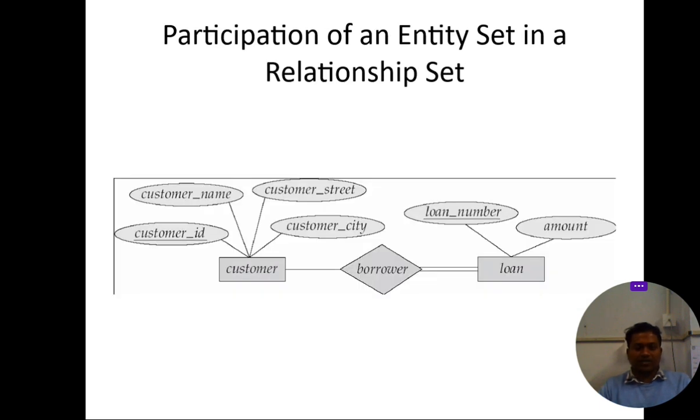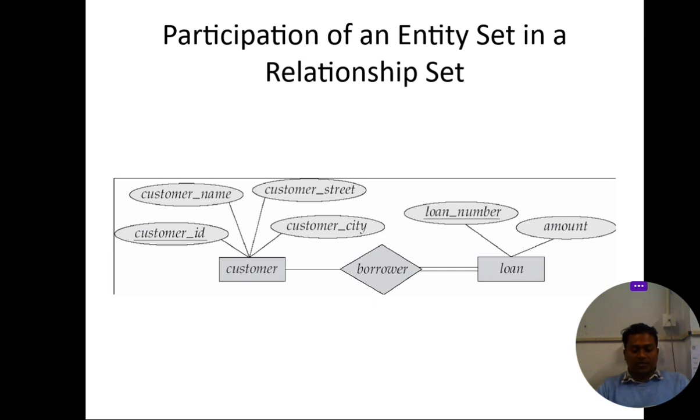The participation of an entity set in a relationship set. Total: see the diagram, customer, borrower and loan. Total participation is indicated by a double line. Every entity in the entity set participates in at least one relationship in the relationship set. Example, participation of loan in borrower is total. Every loan must have a customer associated to it via borrower. Partial participation. So what is partial participation?